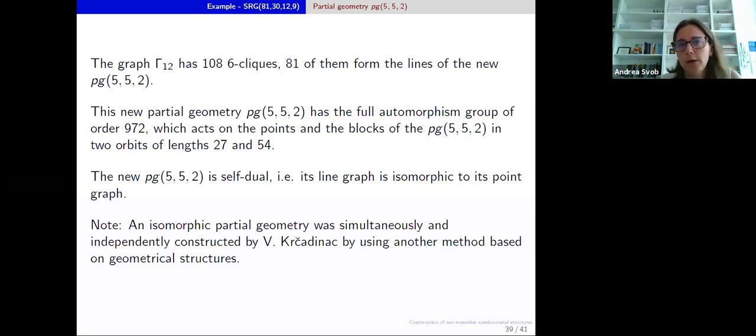So by now, up to my knowledge, there are 2 PGs that are mutually non-isomorphic and having these parameters.